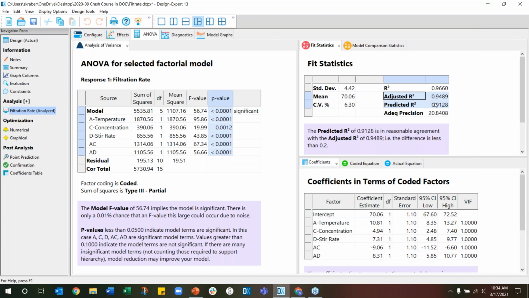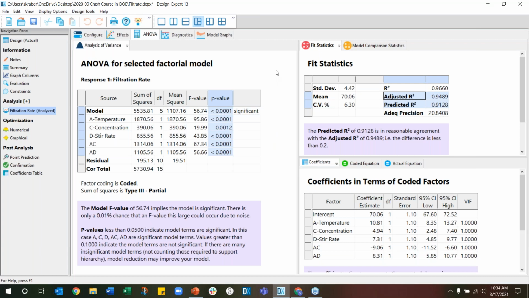In order to have good predictions, you want these to be higher. There's no specific cutoff, but higher is better than lower for making predictions. And basically it says how much of the variation in the data is being explained by the model. Okay, so there's guidance down here for you.